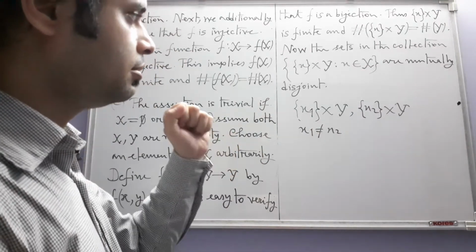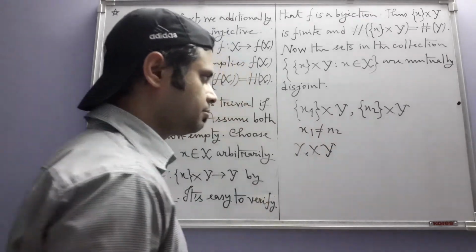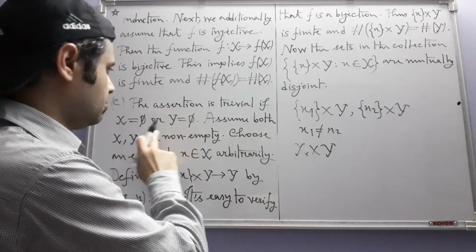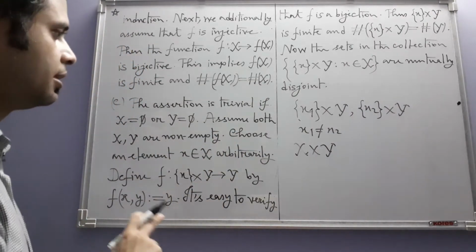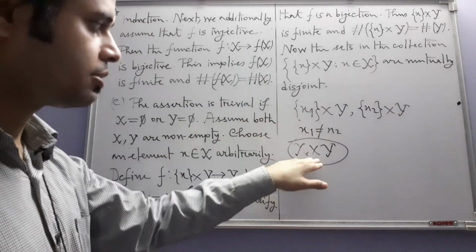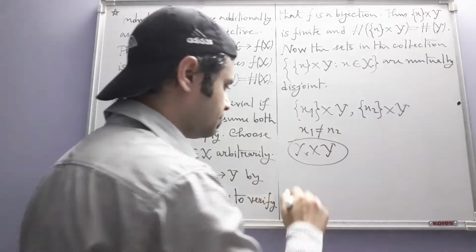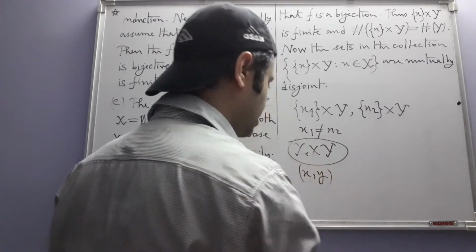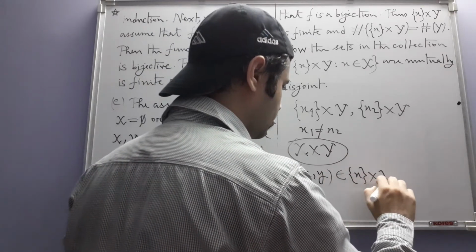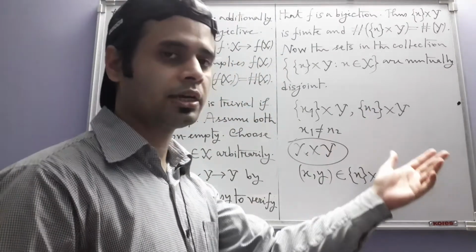And do you see that their union is actually equal to x cross y? Definitely, since all of them are subsets of x cross y, so I haven't written extra. Anyway, all these sets are subsets of x cross y. So their union is also a subset of x cross y. And if you take any element in x cross y, say x comma y, that element belongs to this particular set, and hence that element belongs to their union also.